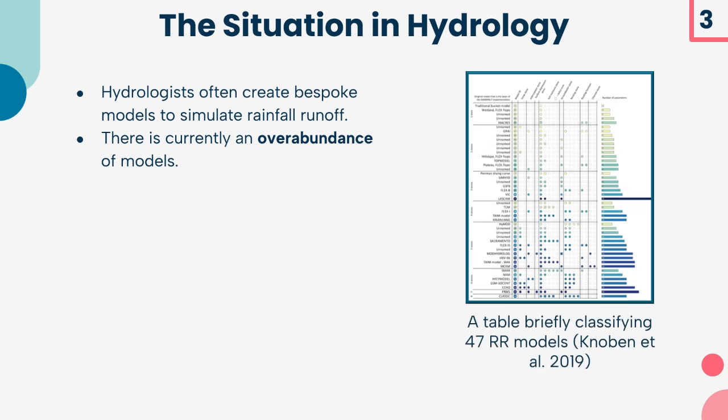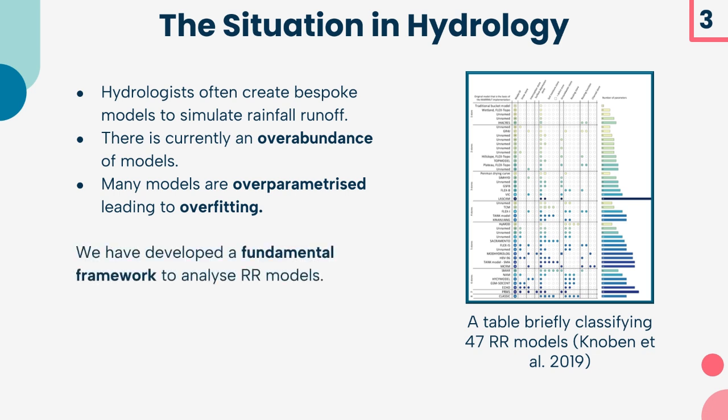And we can see that this person here has managed to compile at least 47 models, but there are far more. And so with so many models, they're going to become over-parameterized. And often with so many parameters floating around, this will lead to the model being overfitted to its training data. And so when you try to run this on future data points, the fit won't be as good.